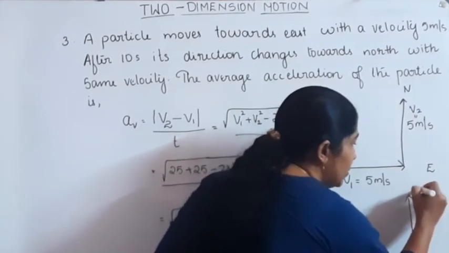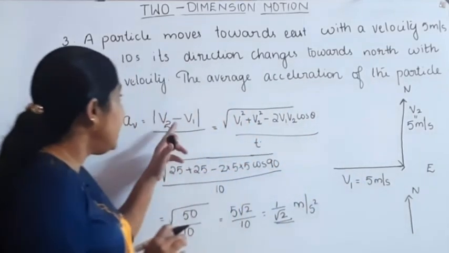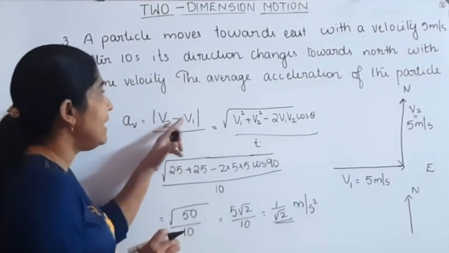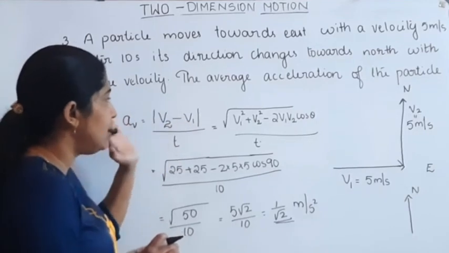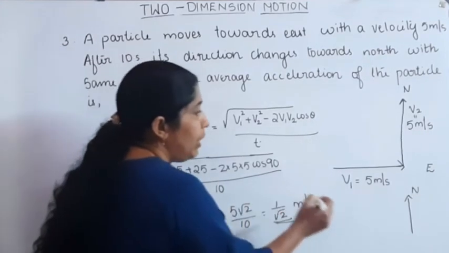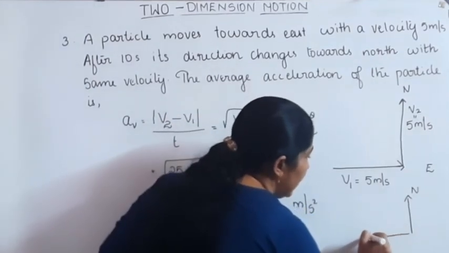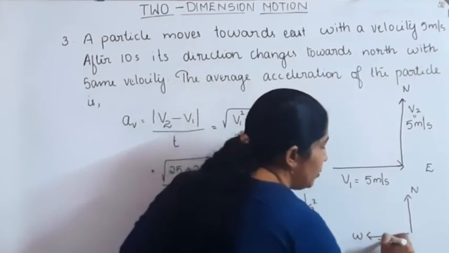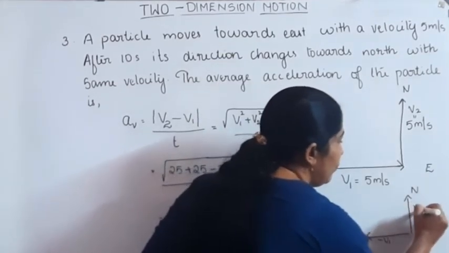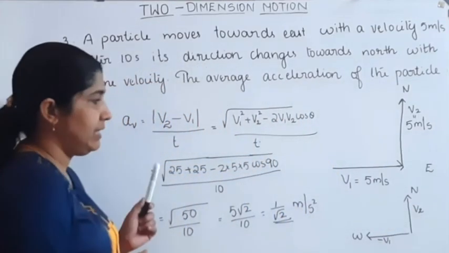V2 minus V1 is the change in velocity, so we consider minus V1, which is towards west. V2 is towards north and minus V1 is towards west.